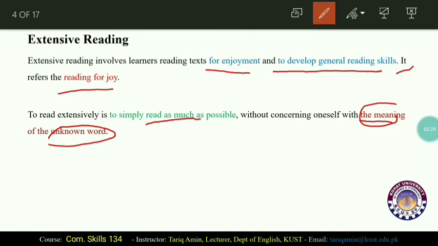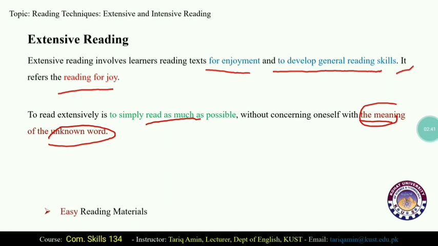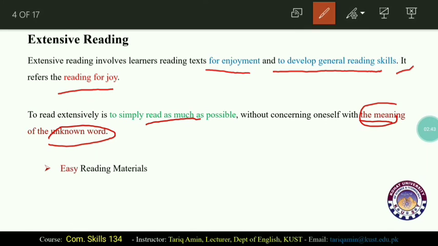When we come across difficult words, we are not concerned with the meaning of each and every phrase, each and every clause, and each and every sentence. We are just concerned with the meaning. Easy reading materials: we read material that is easy for us.